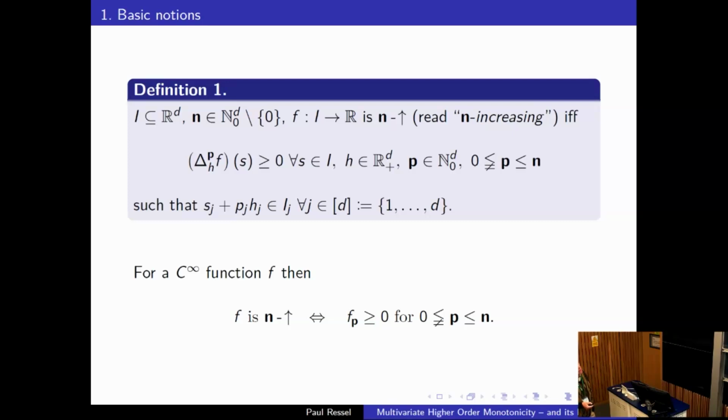Because if I would allow p to be zero, then this would mean that the function itself should be non-negative, and this is absolutely not necessary. In fact, it is not even wanted. You will see it later on.